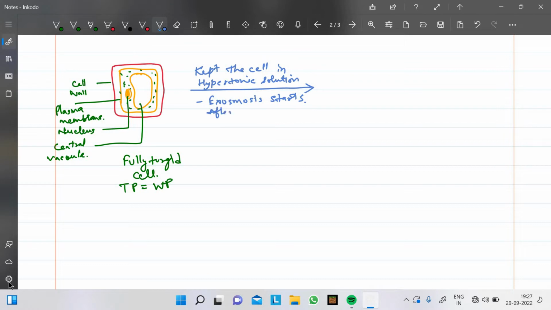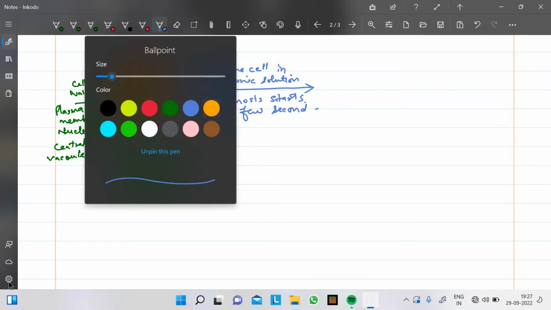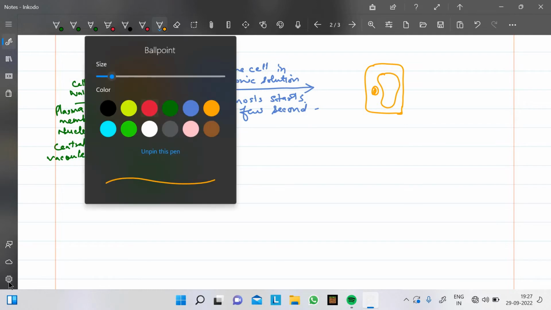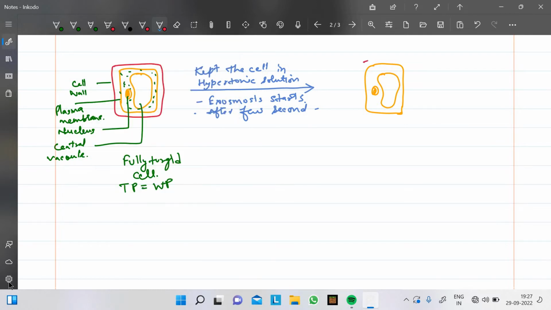After a few seconds, what will happen? Again, I am drawing the structure of the cell. This is the nucleus, the central vacuole, and this is the cell wall.